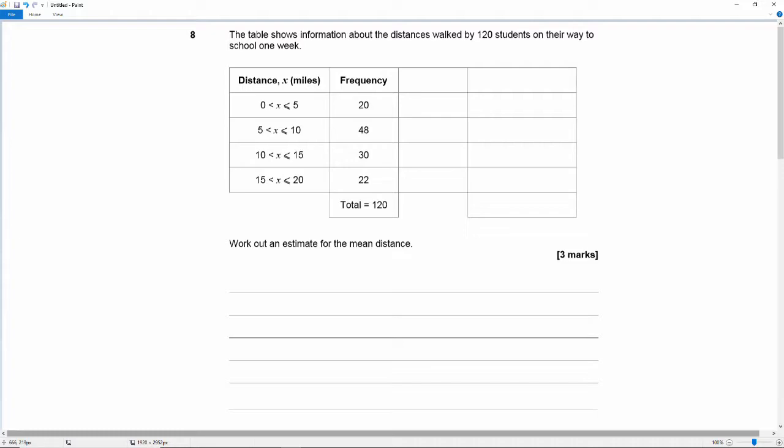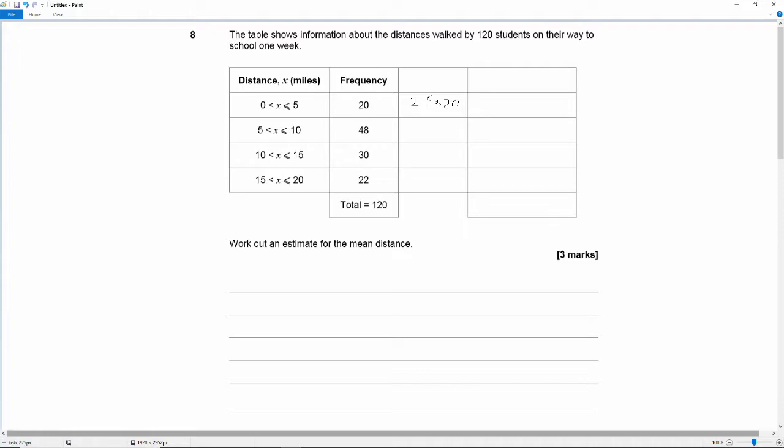So what we're going to do is take 0 plus 5 and divide that by 2 to get the average point, or the midpoint, between 0 and 5, and that's just 2.5. So that's 2.5 times 20. You can use a calculator, of course. You just type in 5 divided by 2.